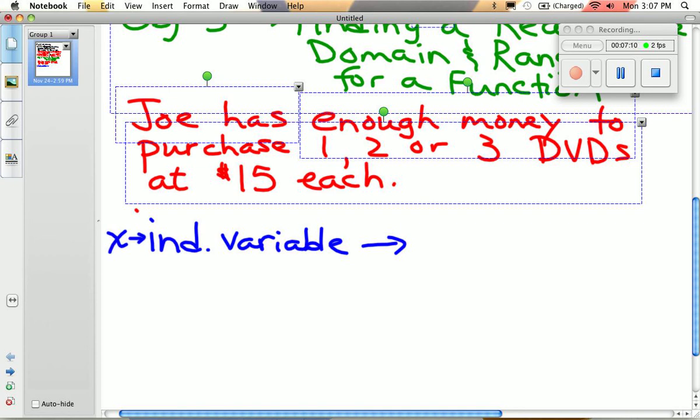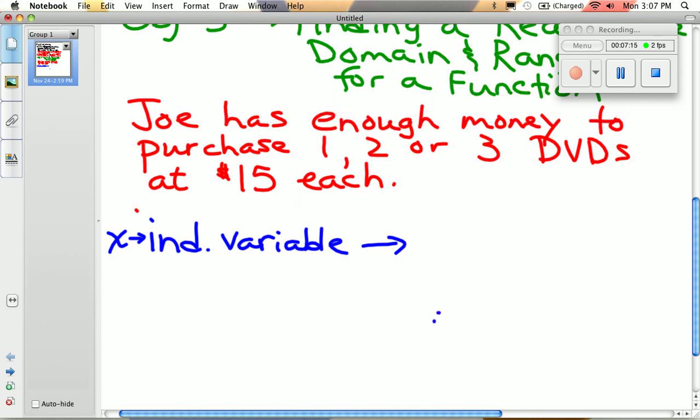And what's it going to represent in this situation? Number of DVDs? Yeah, I think that's probably the controlling situation, isn't it? Number of DVDs is going to be our independent variable. It's going to be the input.